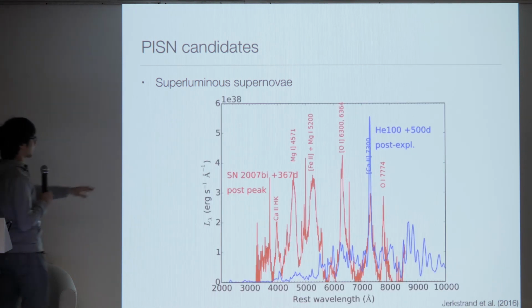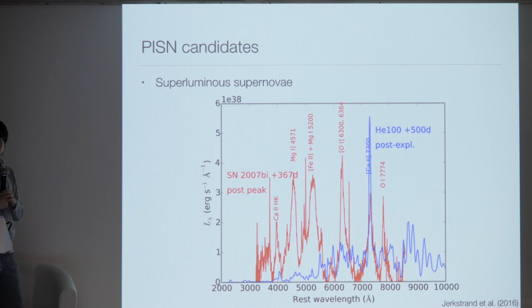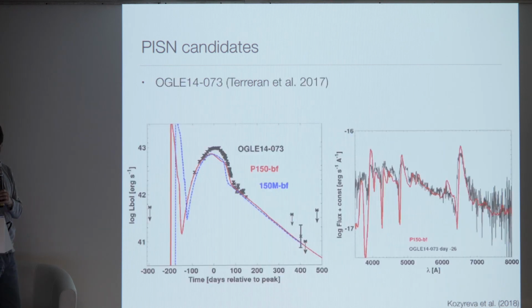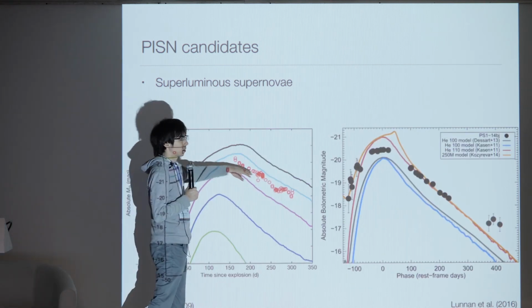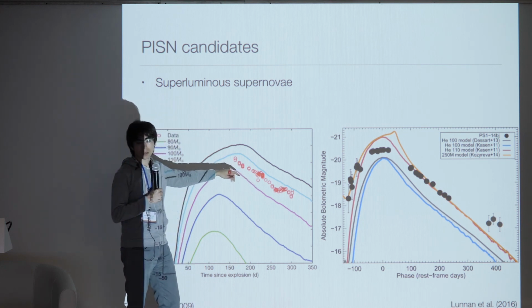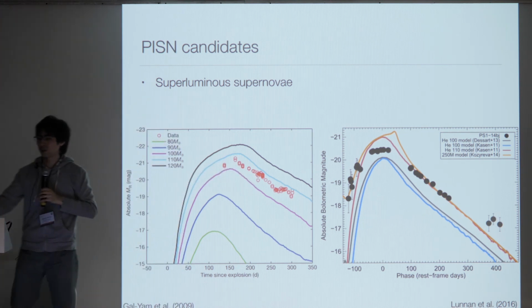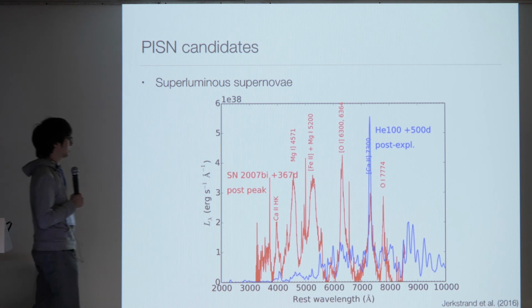Of course you can have an upper limit to explain this spectrum. I don't know the value, and of course from the light curve, if you assume nickel, then you need something like 6 solar masses, but that's too much to explain the spectra. And I don't know the exact value.